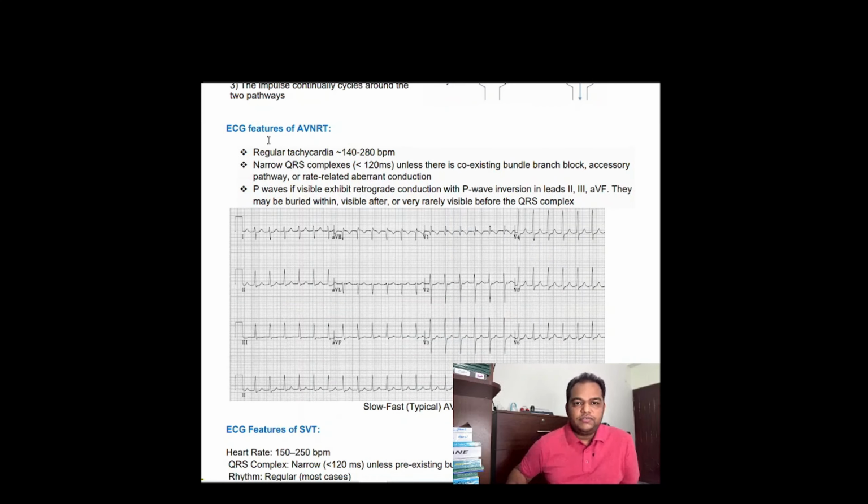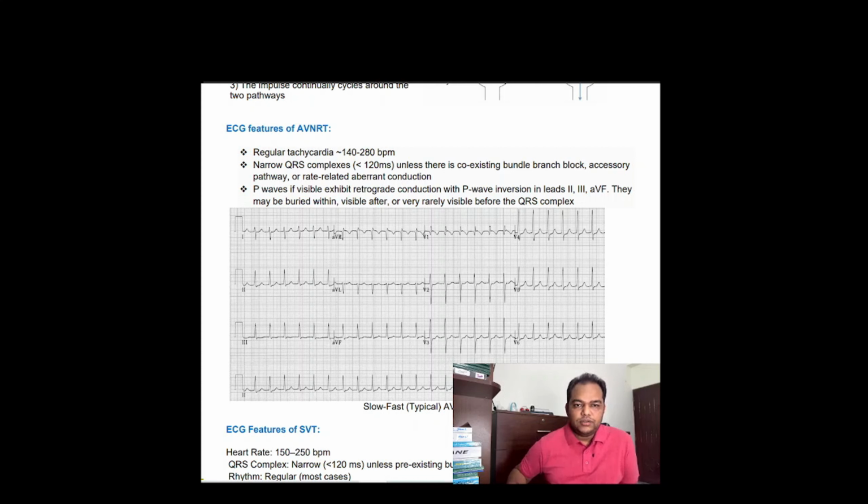What are the ECG features of AVNRT? You can see the regular tachycardia, that means the heart rate may be 140 to 280 beats per minute. You can appreciate tachycardia here, and there is also a narrow complex QRS. That means the width of the QRS complex is within three small squares, that is called narrow QRS complexes.